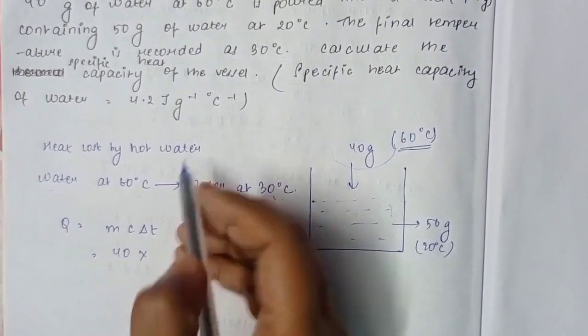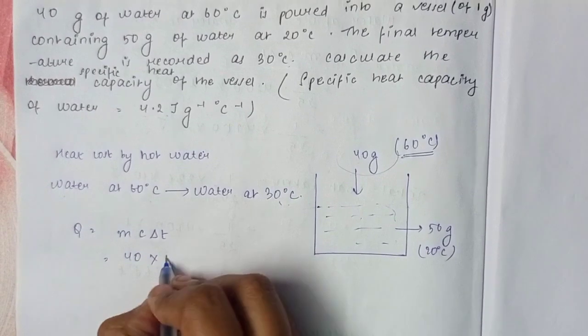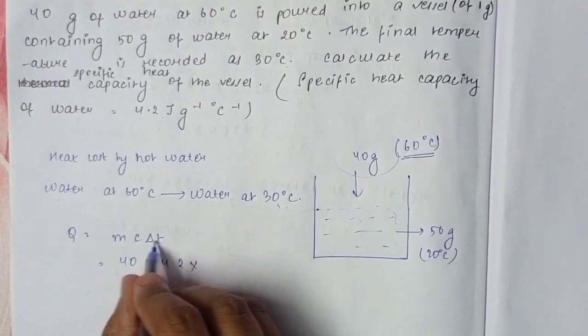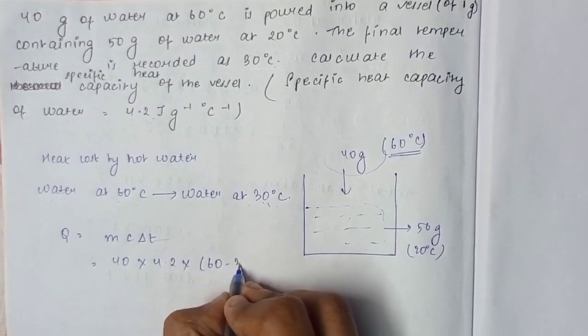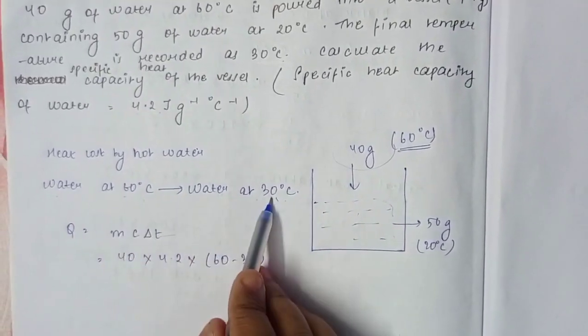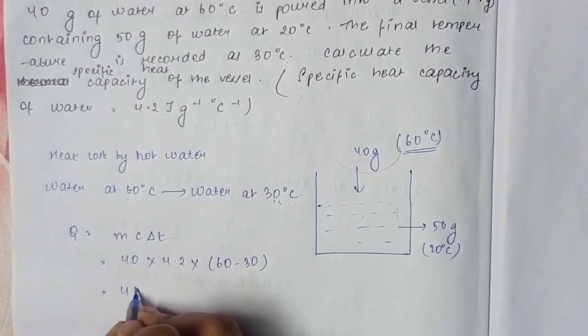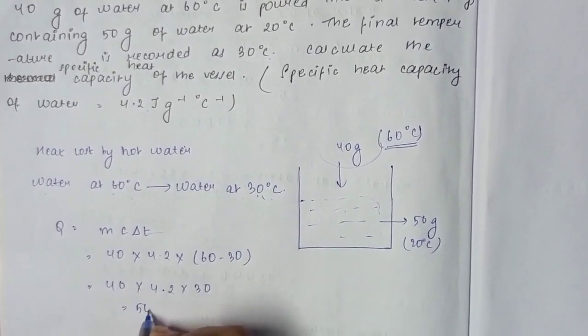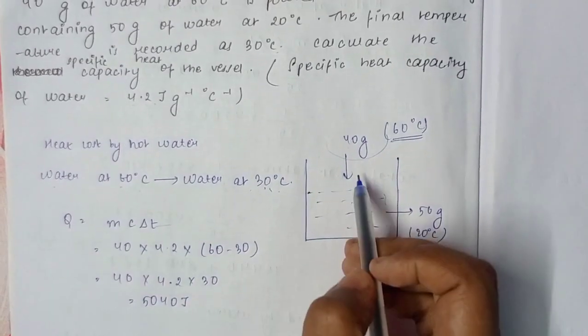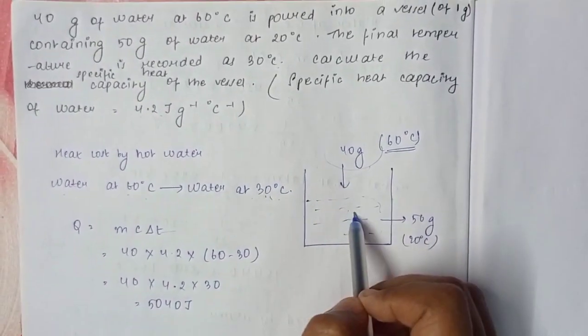So 40 into, for water it is 4.2 into, what is delta T? 60 minus 30, the higher temperature minus the lower temperature. So 40 into 4.2 into 30. So we are getting 5040 joule. This is the amount of heat which is lost by the hot water.